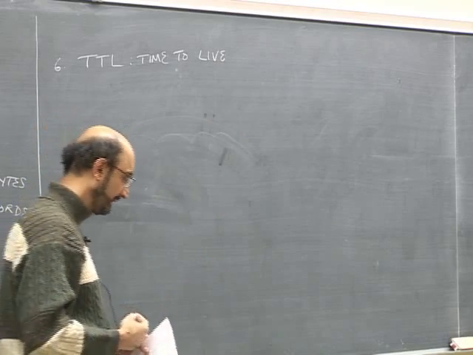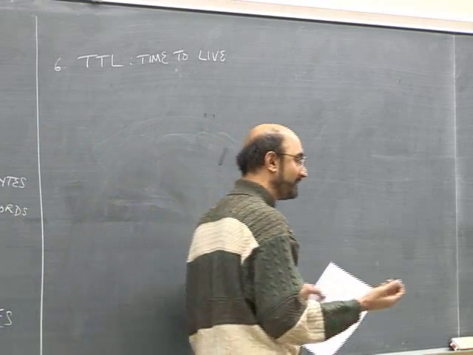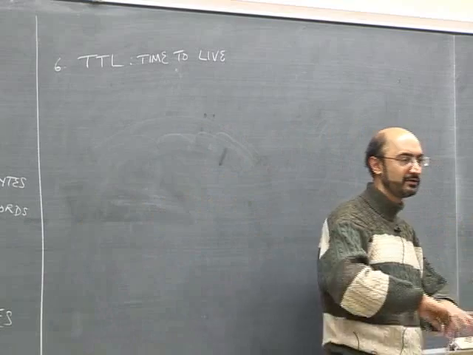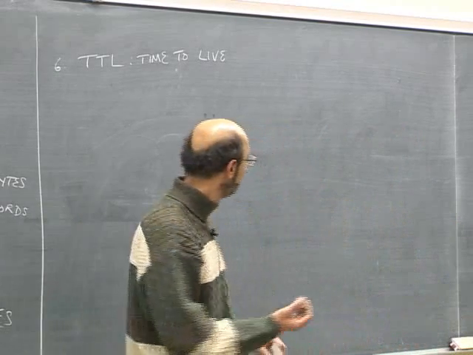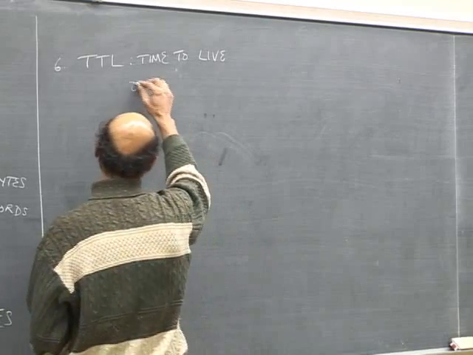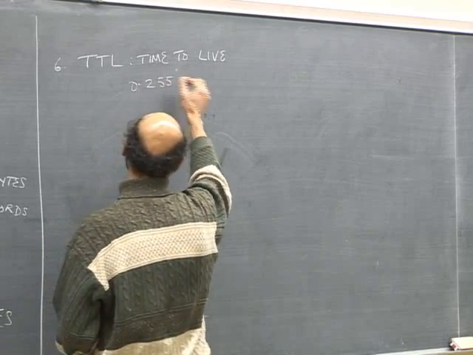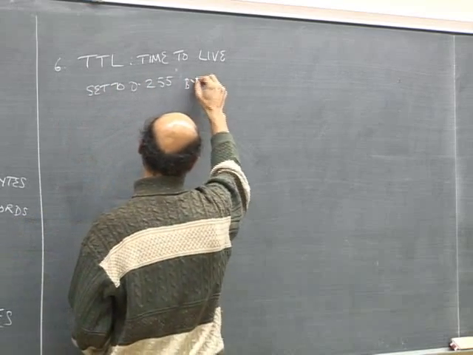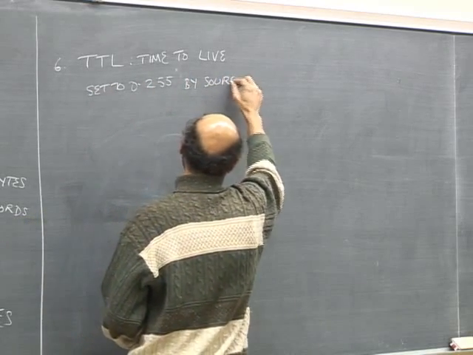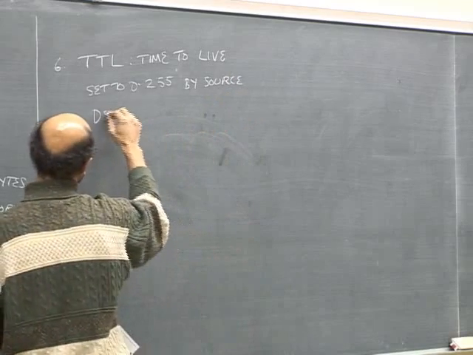It's like a bomb that goes off, and when the time to live goes to 0, the packet is destroyed. Okay, so it's a field that's set to some number between 0 and 255 by the source, and then it's decremented by every router.